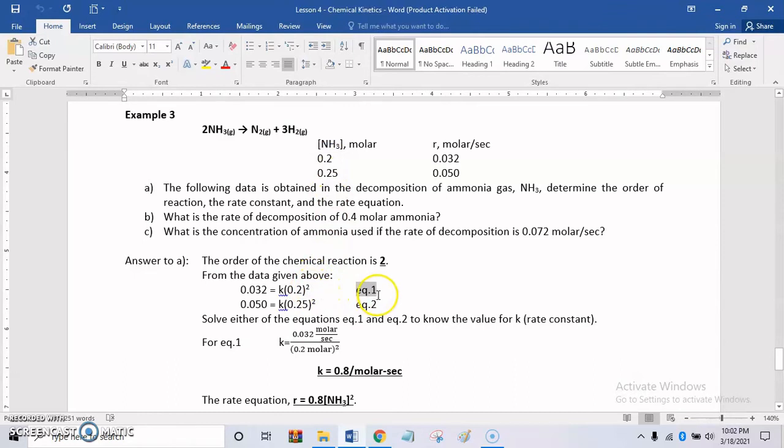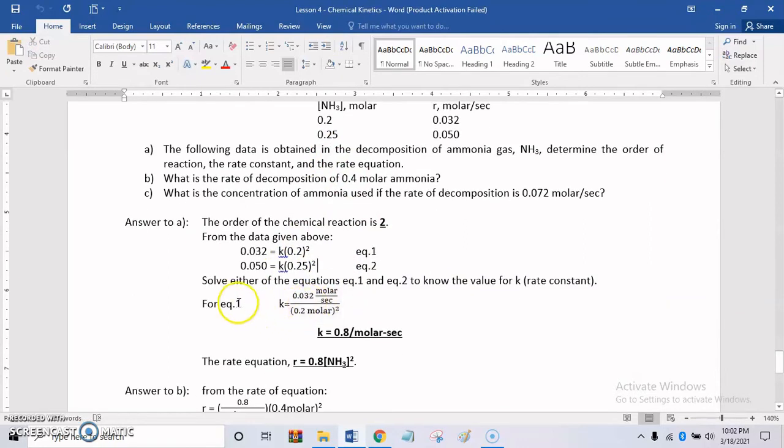That is equation 1 for this problem only. And another R, 0.05 equals K times 0.25 to the power of 2. Another equation. So, solve either of the equations. Pili ka, either equation 1 or equation 2, to know the value of K, or the rate constant. So, we choose equation 1.